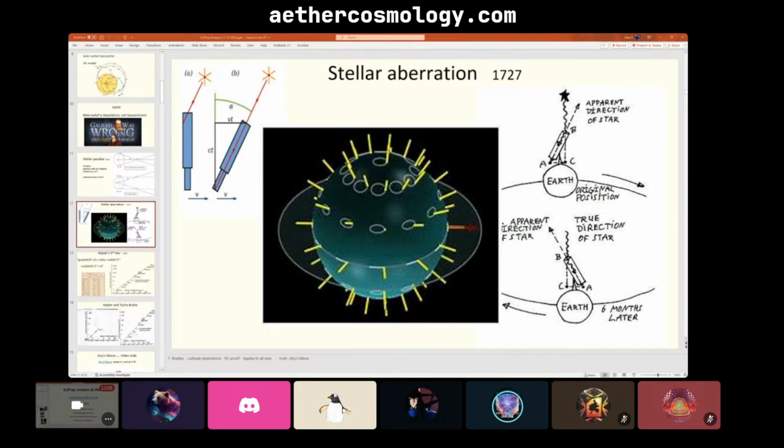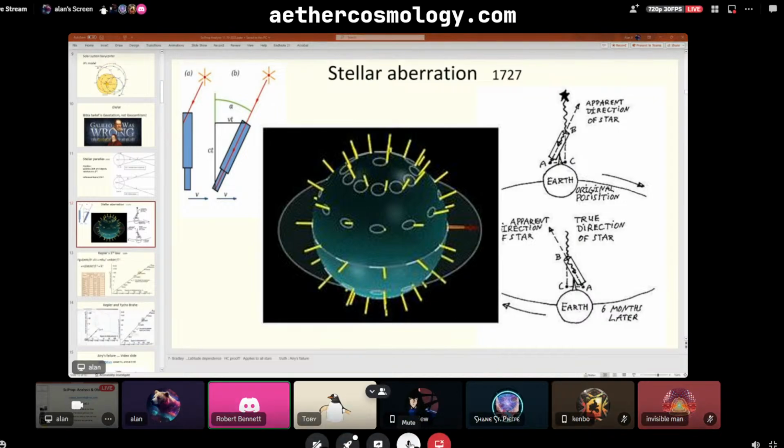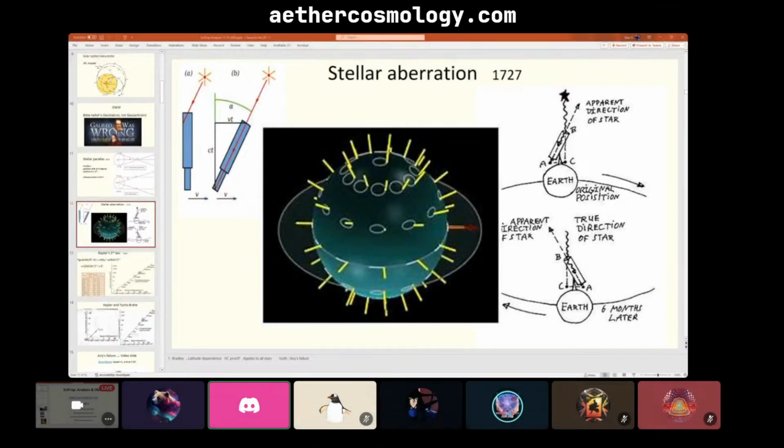The other part of that diagram shows the mainstream interpretation of why stellar aberration occurs. They say that every 6 months the Earth changes its position relative to the Sun. It's on the opposite diameter after 6 months.